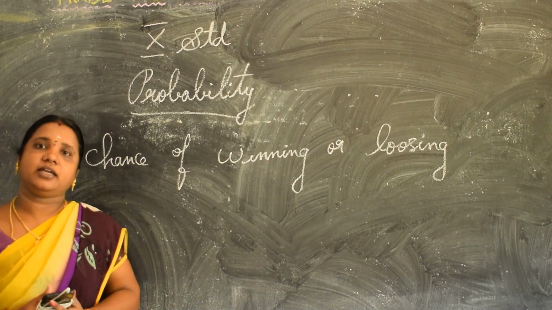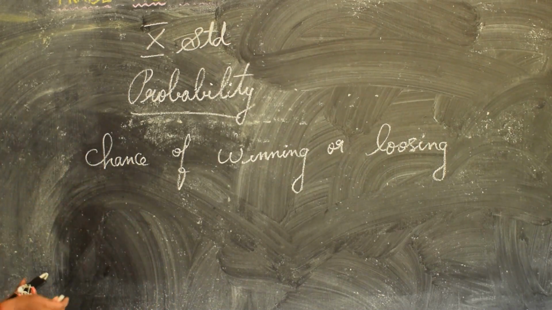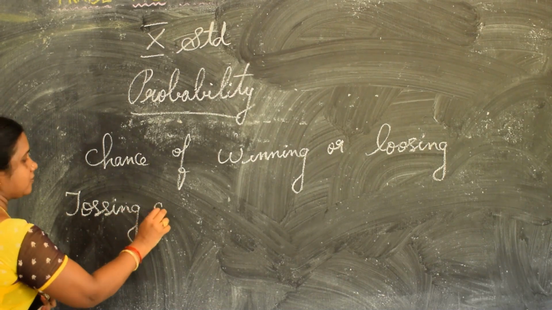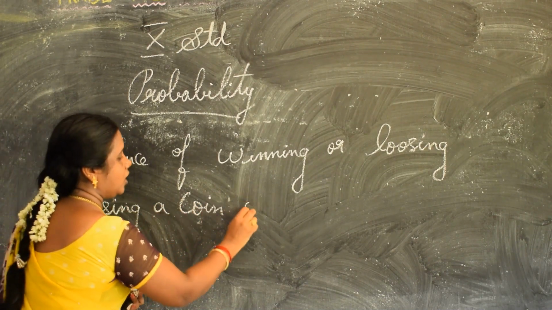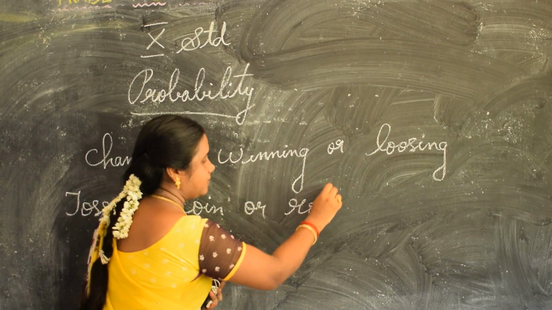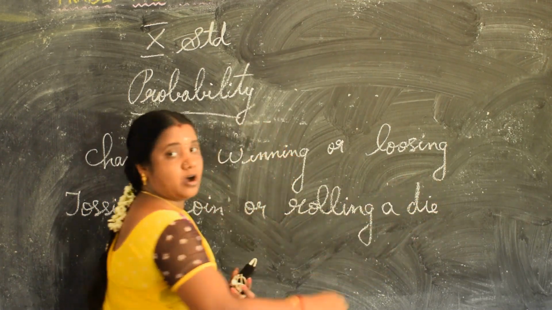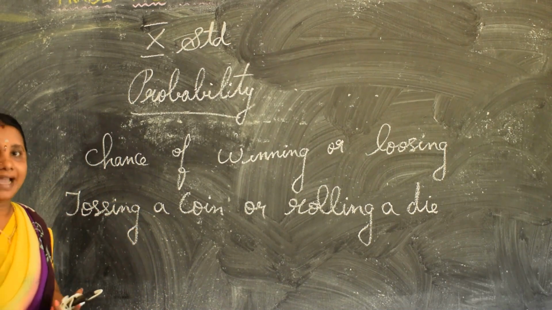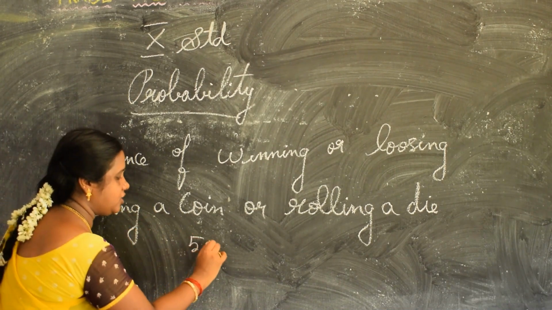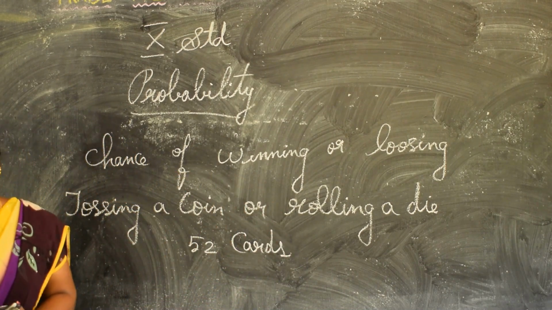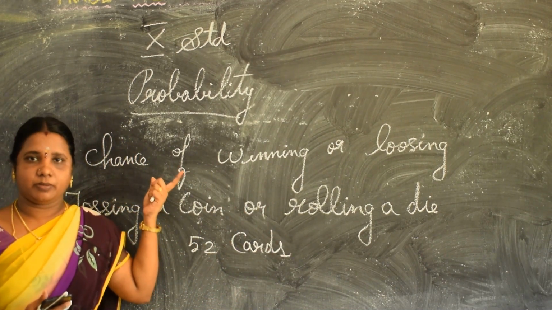You can consider any experiment: tossing a coin, rolling a die, or selecting a card from a pack of 52 cards. How many cards are there totally? 52 cards. For finding this, we can use probability.